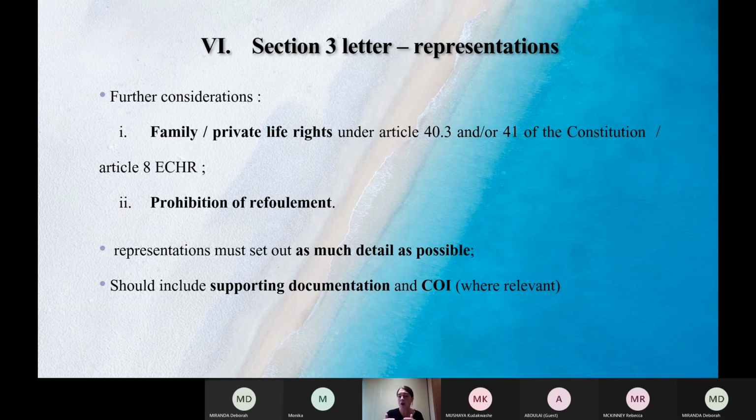So how are they a member of a group that is being persecuted? Are they a member, and how do they prove this? So they need to submit documentation to show that they're either a member of a religious group that is being persecuted, or else the war is so bad that they would be at serious risk by reason of their presence in that state.